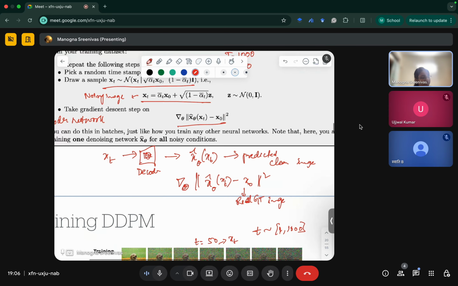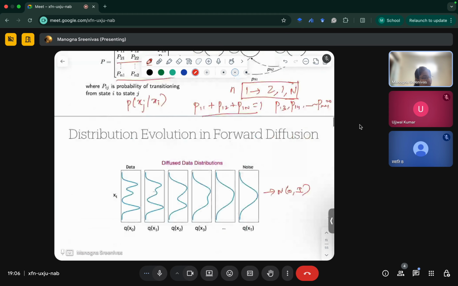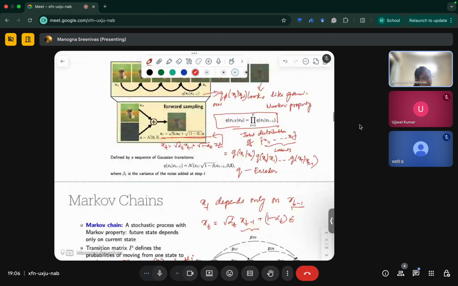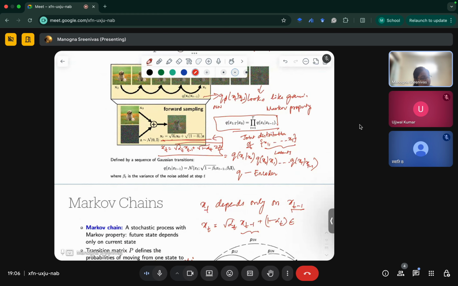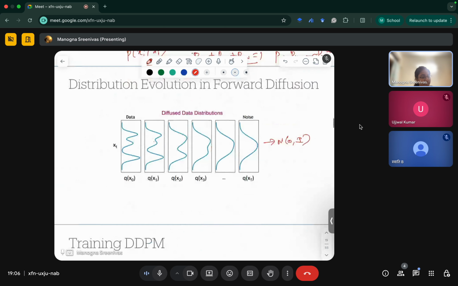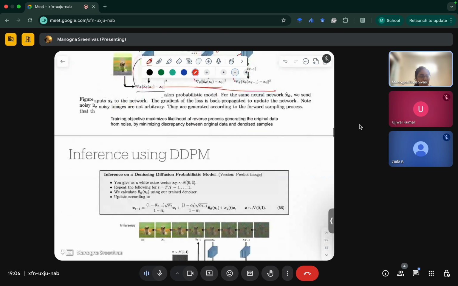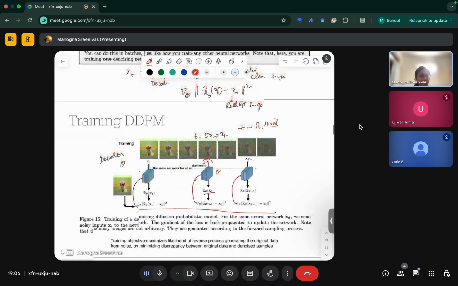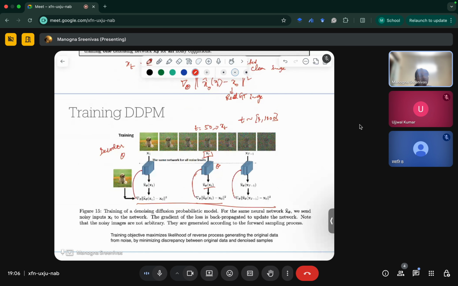This equation itself describes the encoder process. So we do not really have any network because of the schedule which we are defining. We do not have any encoder network, but we need something to decode because we start from a noisy image. At the end, we need a decoder.